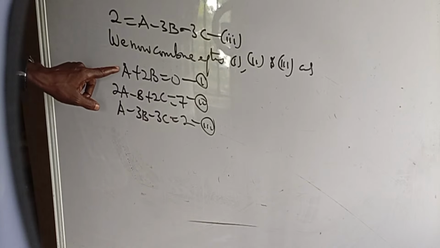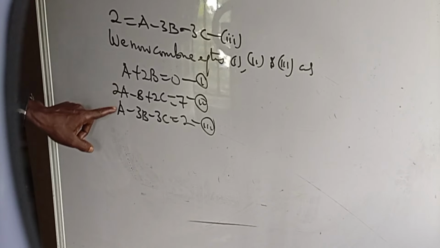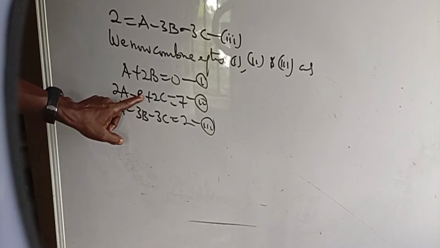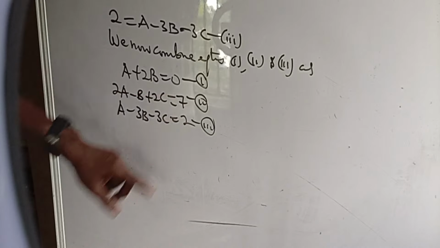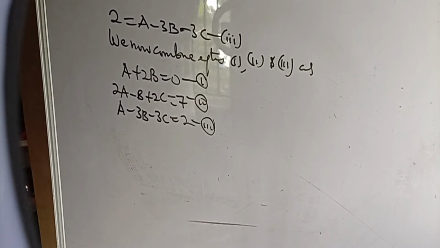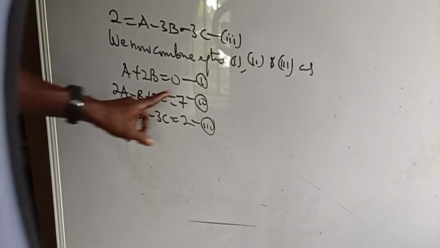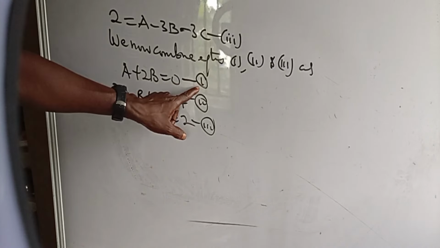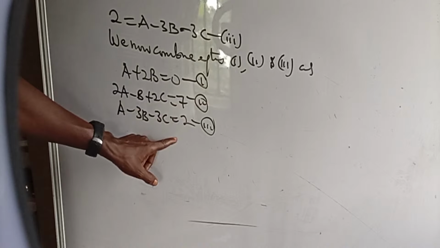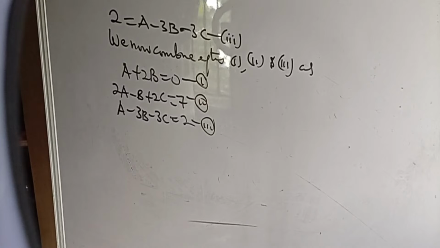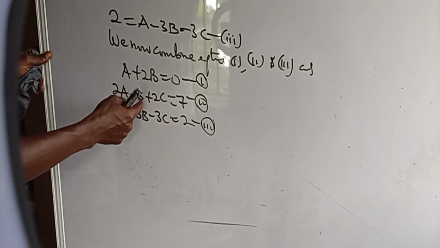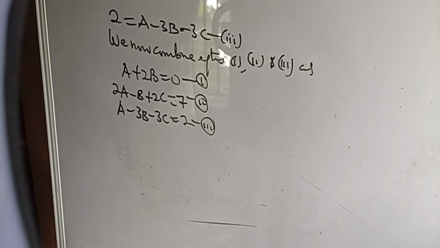If we look for a and replace all a with b, we are almost left with only b in 2 and 3. I think that will work well. That is substituting, putting equation 1 in equation 2 and equation 3 and now combine. It's a good method so that we'll have reduced everything.